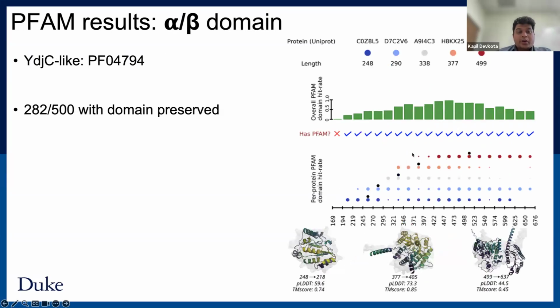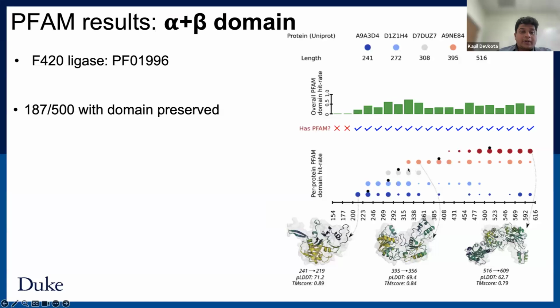For alpha by beta, 282, more than 50% of the candidates we generated had their domain preserved across a wide range of the length spectrum. And alpha plus beta was the worst performing. Only 187 out of 500 had the domain preserved. But it also looks kind of good because there are some candidates which were more amenable to shrinking and stretching.